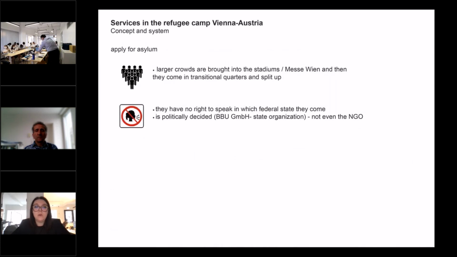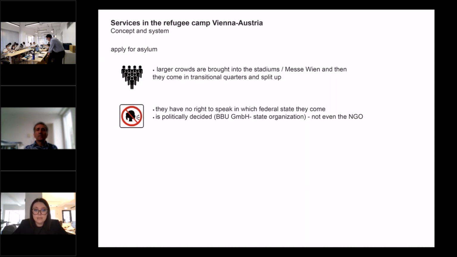That was general, and now, for example, in Vienna, in Austria, you have to apply for asylum. The large crowds are brought into stadiums or closed gyms, and they come into transitional quarters, and they are split up.